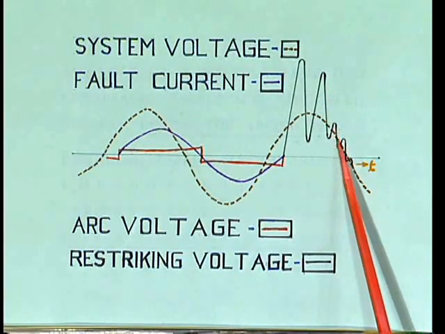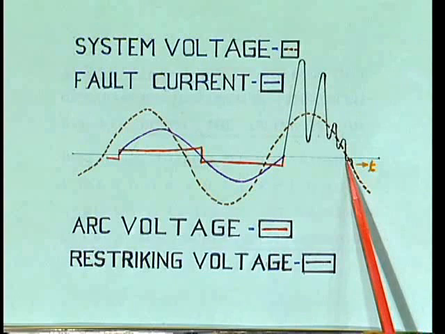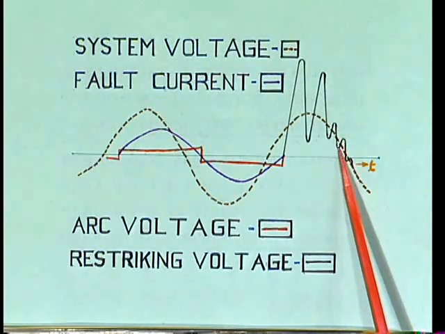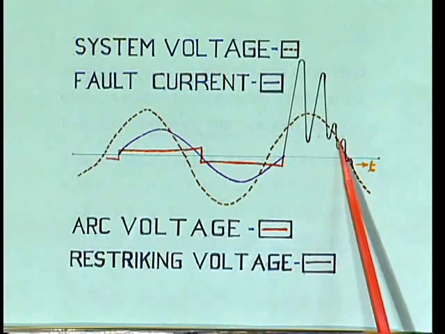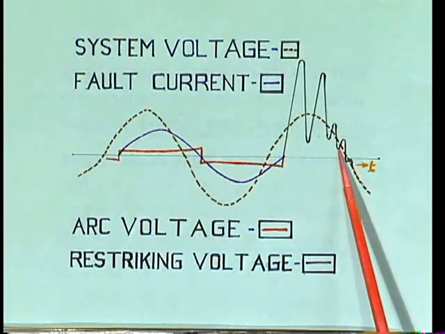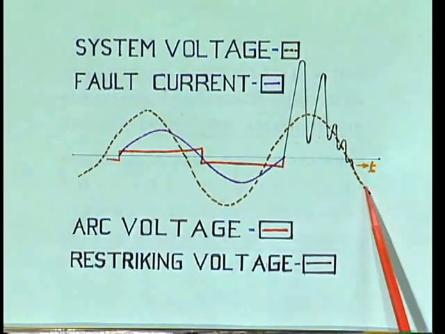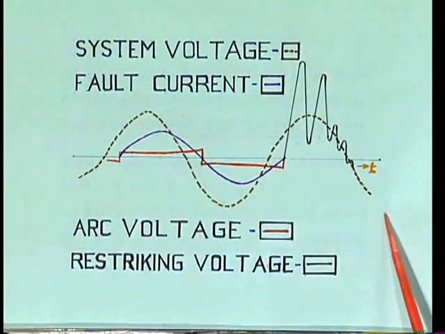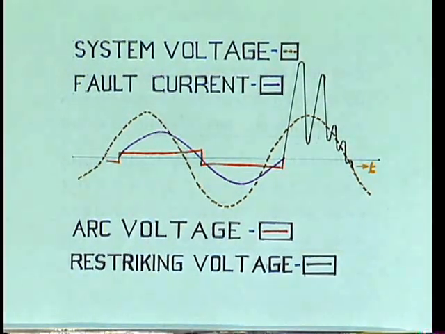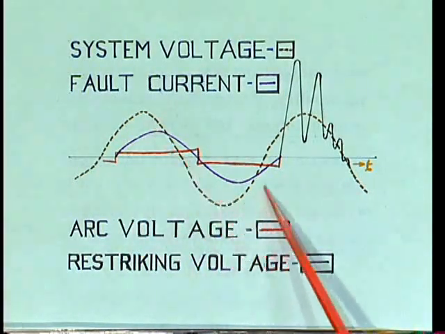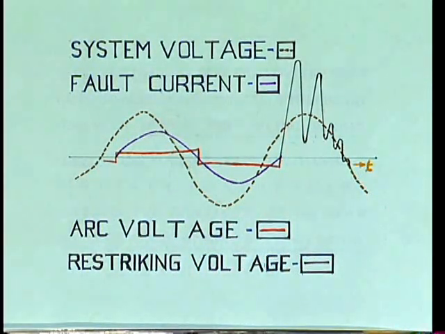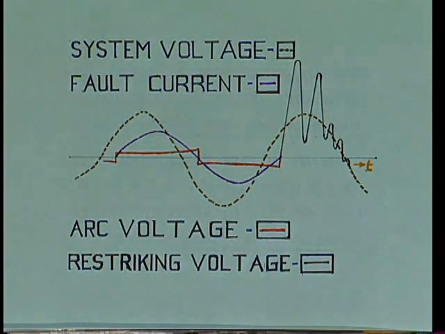These small oscillations are suppressed by the system resistance through the damping effect, and the voltage normally settles to the system voltage like this. These are some of the terms normally encountered in the arc phenomena.